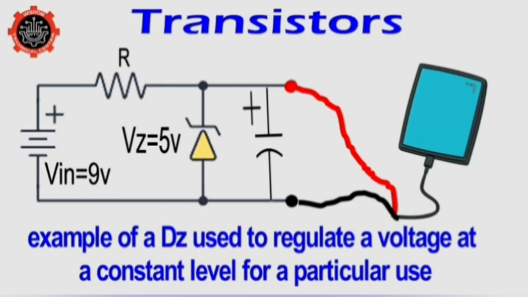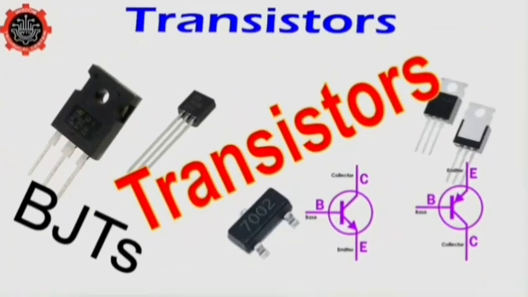Now, the next revolutionary step in the development of solid-state semiconductors was the development of transistors. And we are going to talk about the bipolar junction transistor today in this tutorial. So from this point forward, whenever you hear the word transistor, I want you to think of two different scenarios.